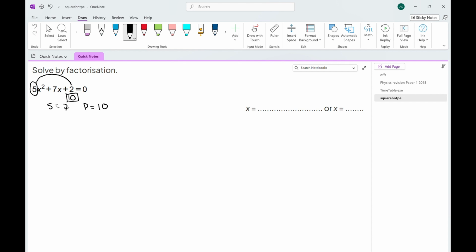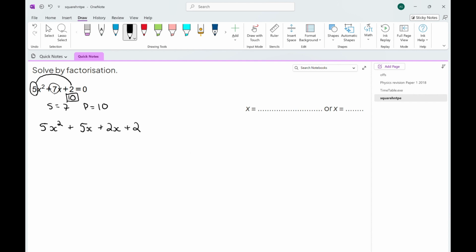We're going to split the 7x into our two numbers, 5 and 2, because 5 plus 2 gives 7 and 5 times 2 gives 10. So we get 5x squared plus 5x plus 2x, which gives 7x overall, plus 2.